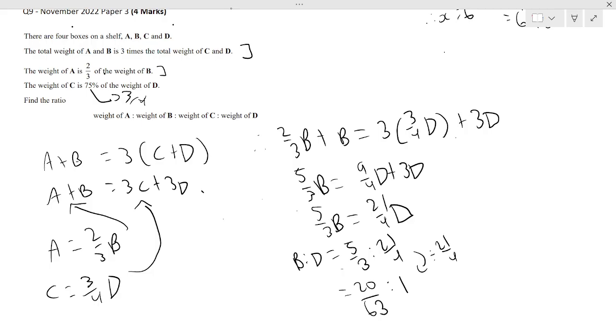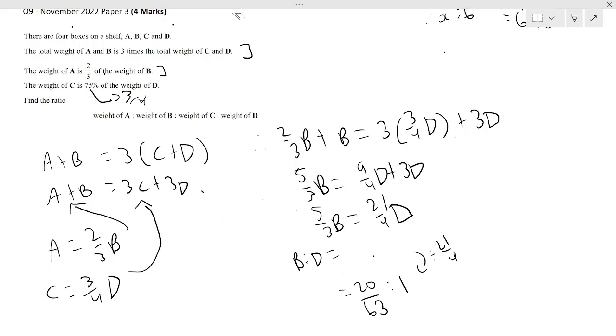Hang on, hang on. No, is that right? 5 over 3 divided by... No, no, that's not right.